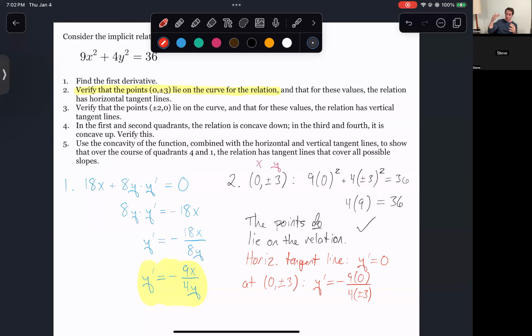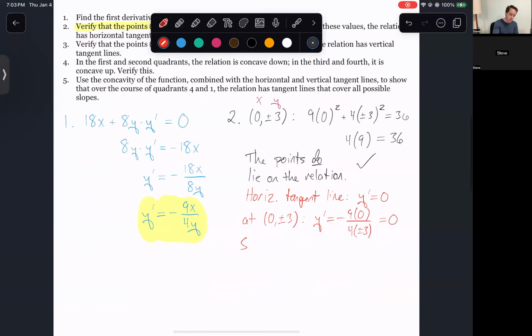So the top will be 0, and so it doesn't really matter what the bottom is. The whole thing ends up being 0. So since y prime equals 0, the tangent lines are horizontal.